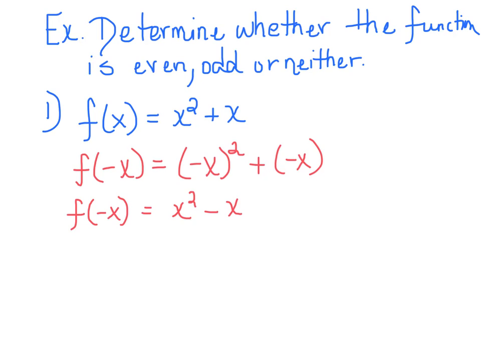Well, according to the definition, f of x has to be equal to f of negative x for it to be even. But because these two are not equal, we say that this is not an even function.